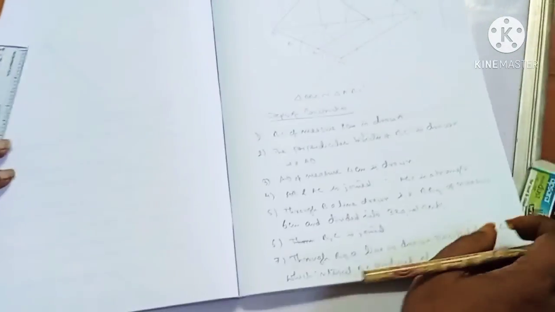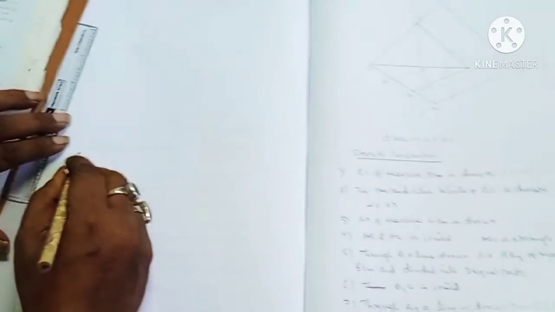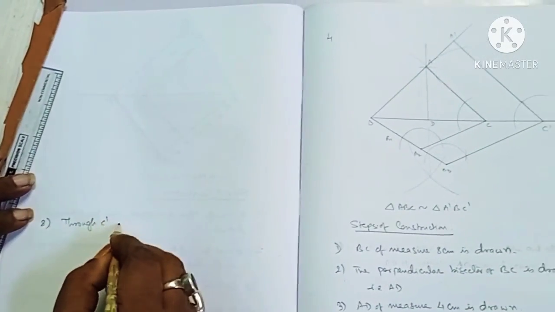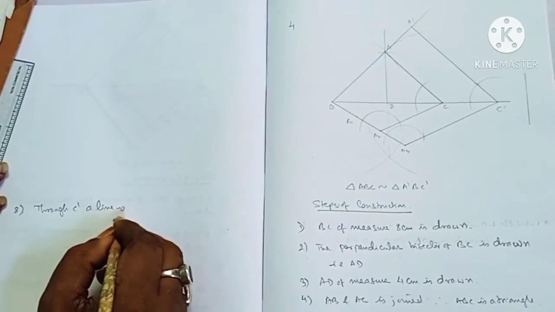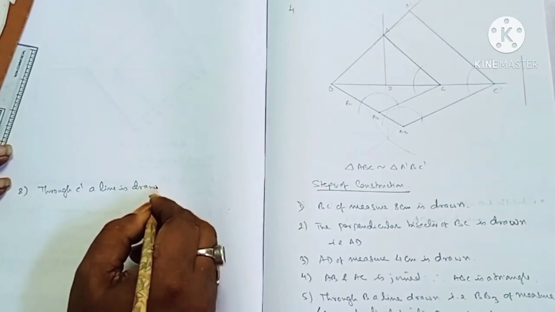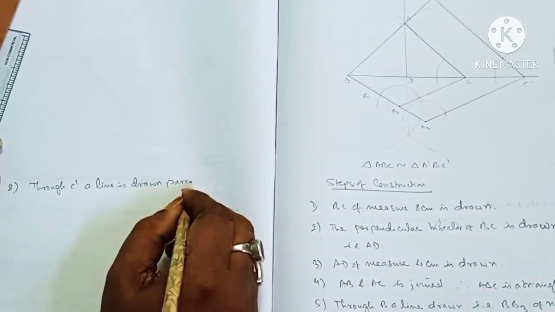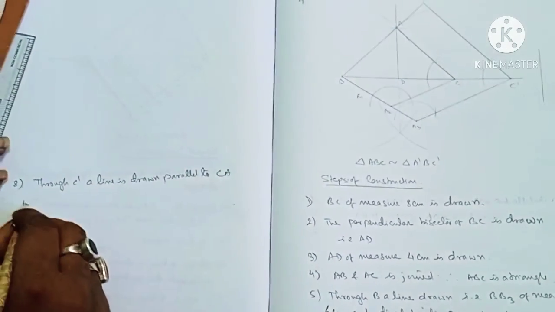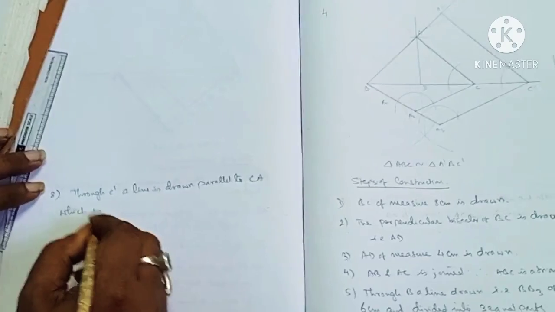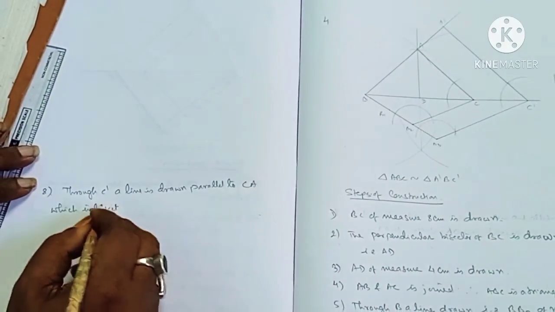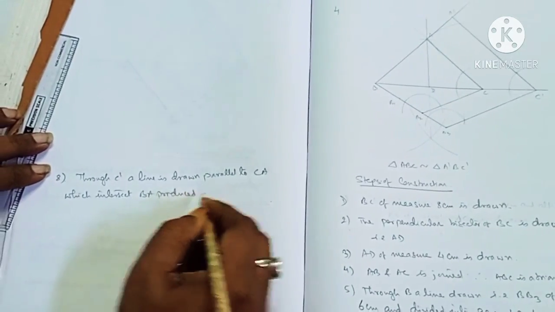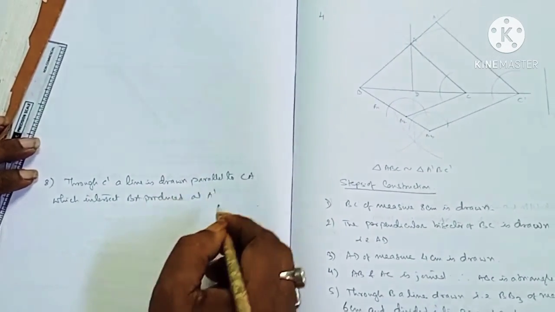Again, through C dash a line is drawn parallel to CA, which intersects BA produced at A dash.